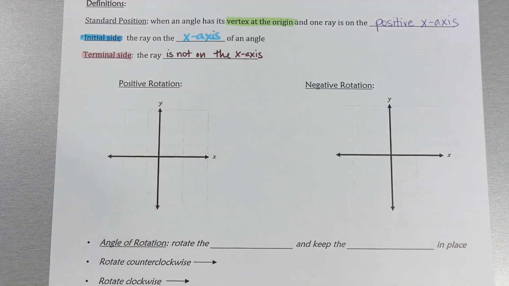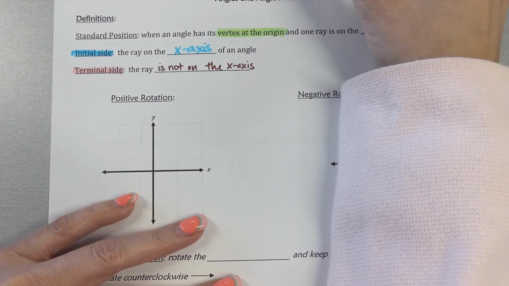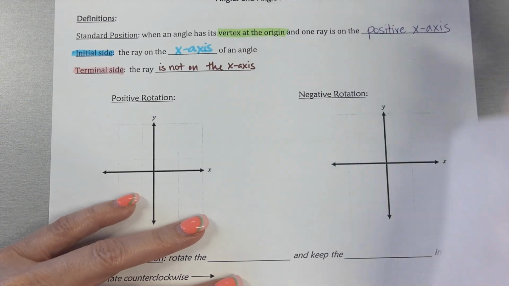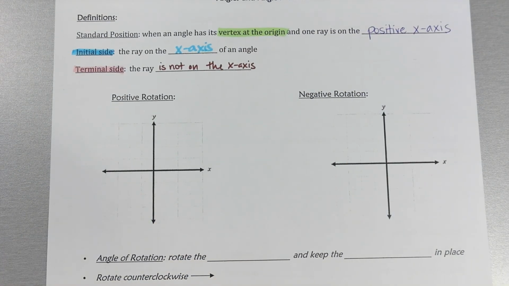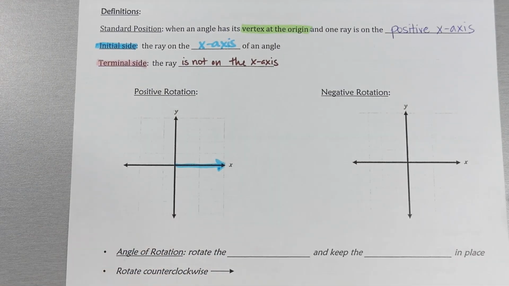Okay, so you have two rotations. You can have a positive rotation or you can have a negative rotation. Okay, a positive rotation is counterclockwise. A negative rotation is clockwise. So for your initial side, it is always on the positive x-axis.